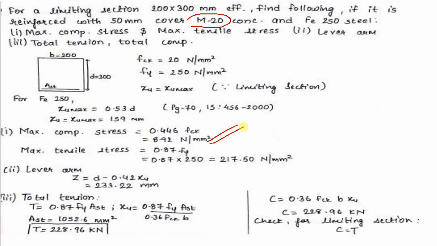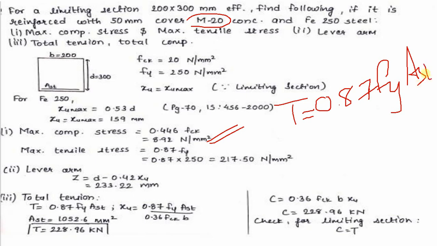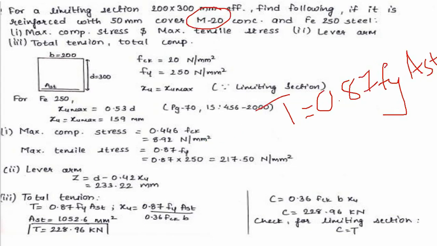As tension force was T equal to 0.87 Fy AST, if we need to find stress, sigma equal to P by A, that is force upon area.